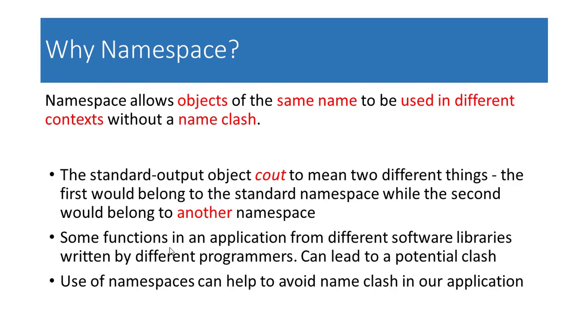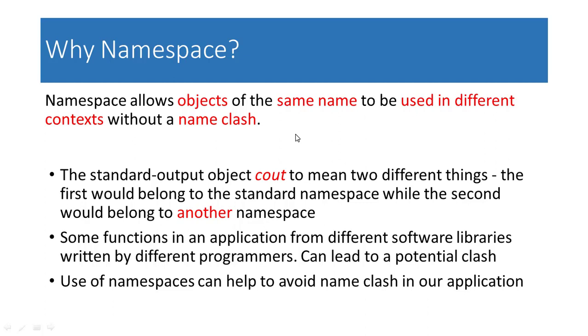Why do we use namespace in C++? Namespace allows objects of the same name to be used in different contexts without a name clash. The purpose of namespace is to allow objects of the same name to be used in different contexts without a name clash.